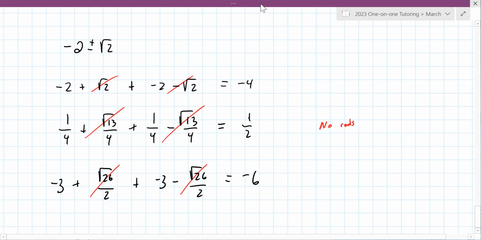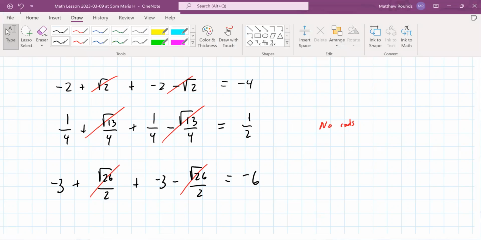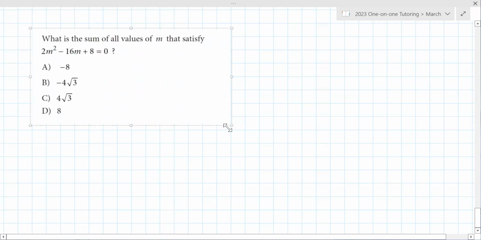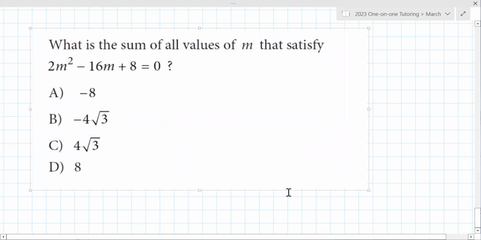You might be wondering now, why is Matthew even bringing this up? The reason is sometimes they give you questions where they actually ask you to find the sum of the solutions. This problem says, what is the sum of all values of m that satisfy 2m squared minus 16m plus 8 equals 0?